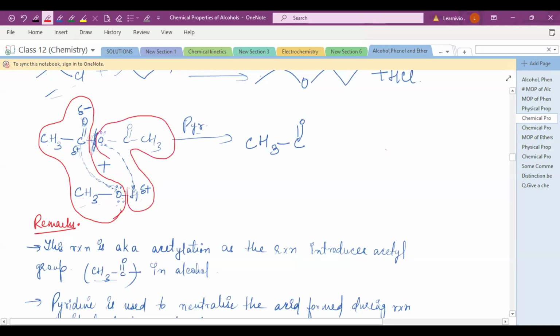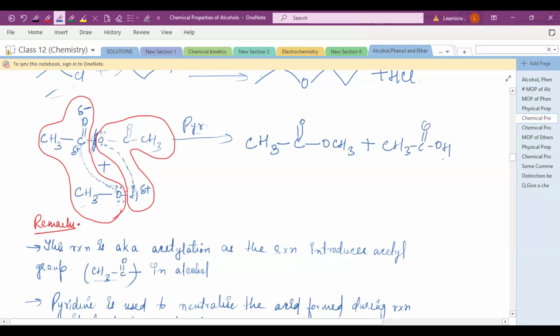Now it's very easy to write down the product. CH3CO, and this carbon gets attached to OCH3. So you write OCH3, plus this one, CH3COOH.